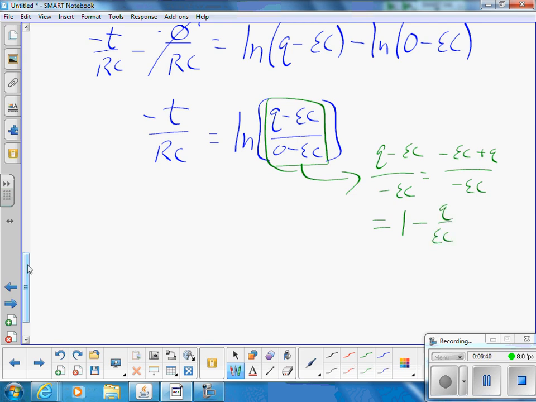So that's how I did that earlier. And so I now have negative t over RC is equal to natural log of 1 minus Q over EC.